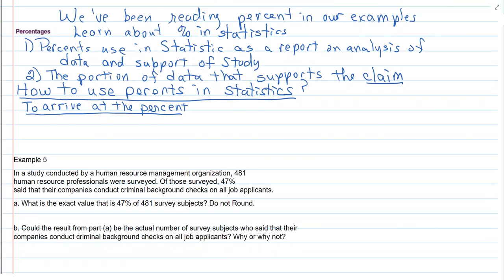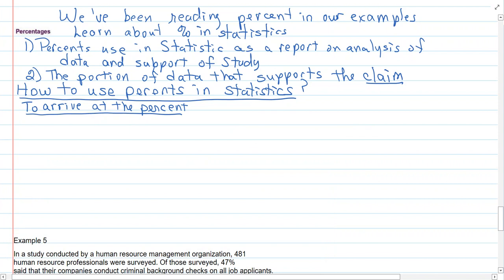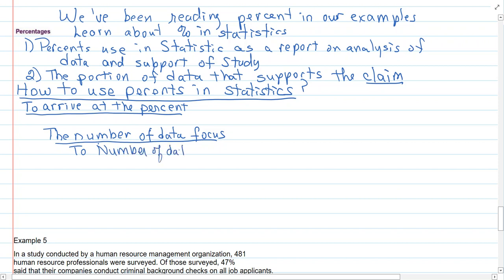And the way that is, the number of data focus, the data focus over the total number of data collected times 100, then add the percent symbol after the number.